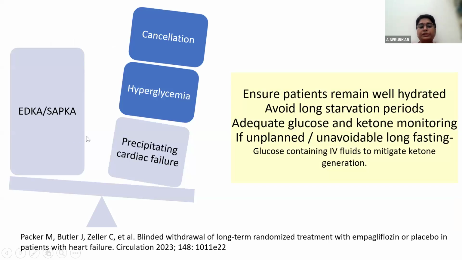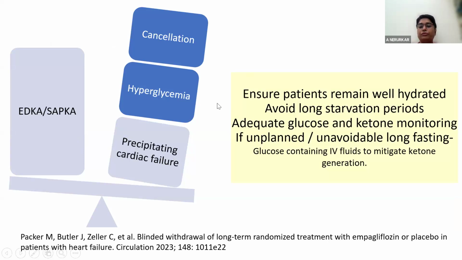But stopping this drug needs to be weighed against the risk that you will be precipitating cardiac failure in those patients in whom this drug has been used for reduced ejection fraction or preserved ejection fraction heart failure. Also, if you stop this drug for 3 days and don't have any other drug as a protection, you may have hyperglycemia and there may be cancellation due to hyperglycemia on the day of surgery.